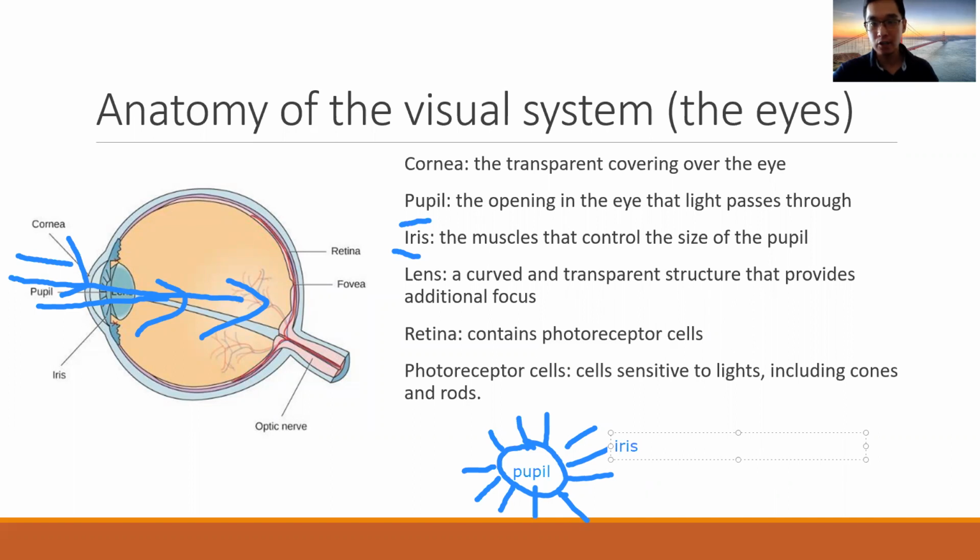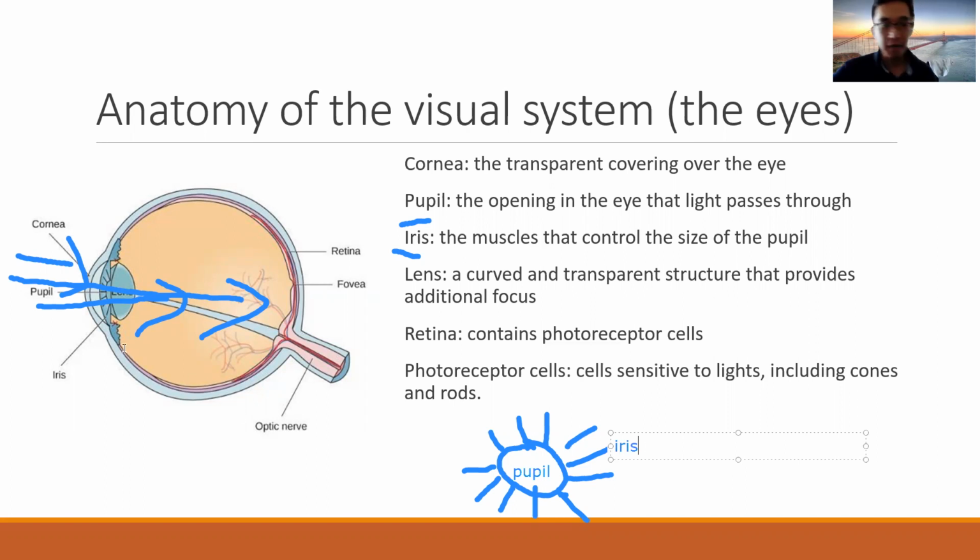These muscles can control the size of the pupil. It means that if the pupil is larger, more light goes inside of the eye. If the pupil is smaller, less light goes into the eye. The iris controls how big and how small the pupil is.